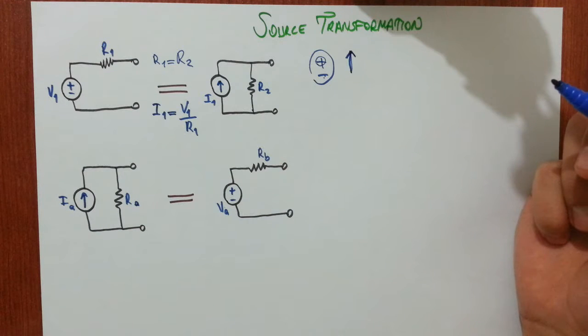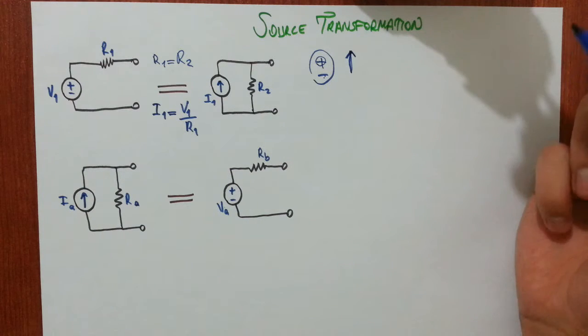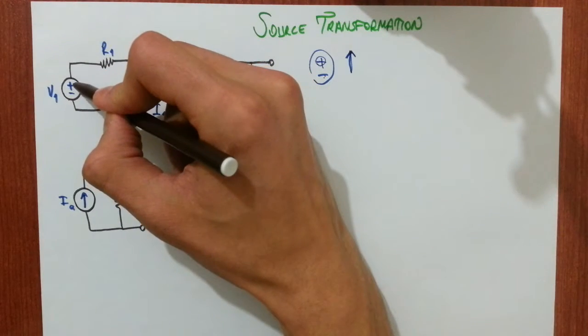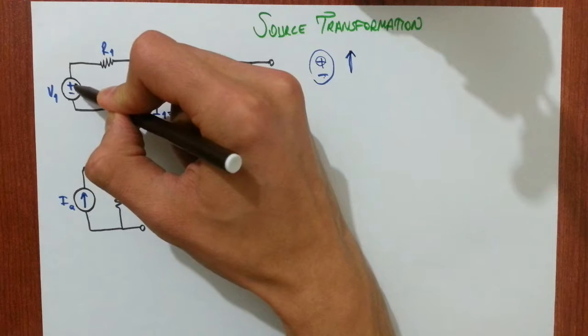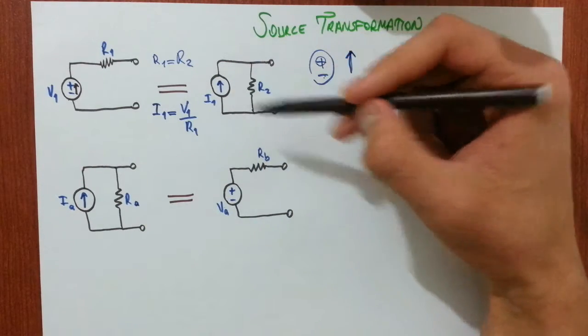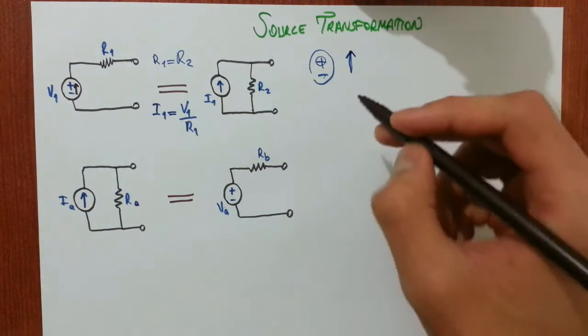Alright? That's how you determine the polarity. So in this case, plus is the tip of the arrow, minus is the tail of the arrow, so your direction is upward. So easy.